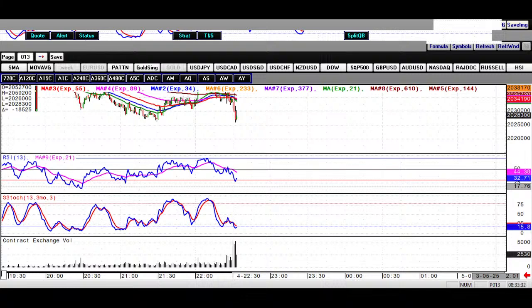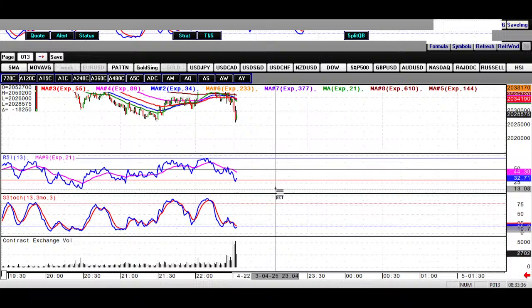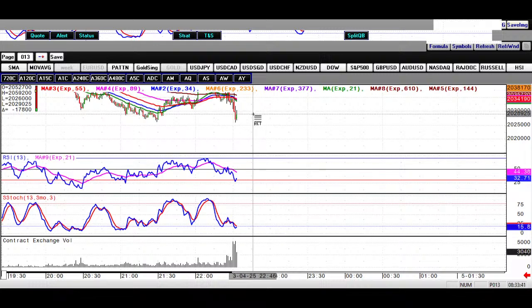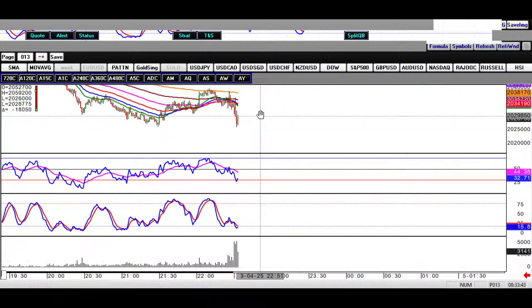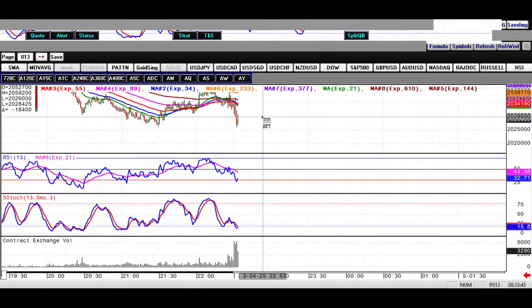I think the first one, the 290, would have got stopped out. The second entry is still intact. So we'll just wait for this market to turn.